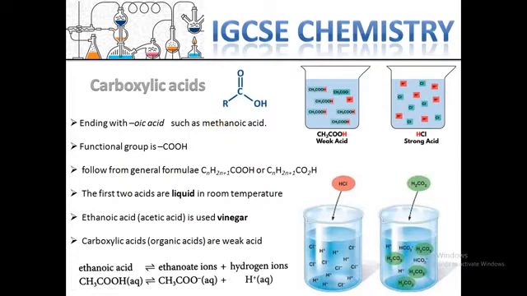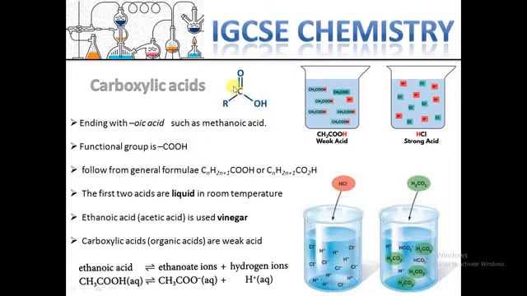In alkanes we learned that the first is methane, CH4, and then ethane, C2H6. So we only need to add -oic acid, so it would be methanoic acid, ethanoic acid, and so on. The most important part of carboxylic acid is the functional group COOH.